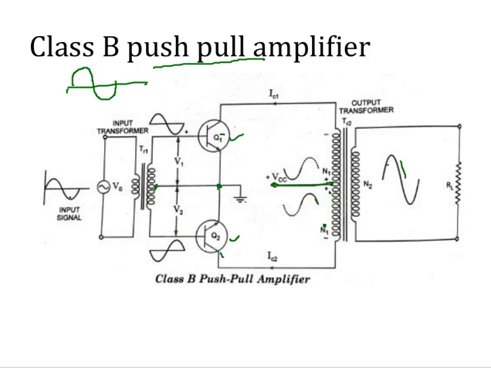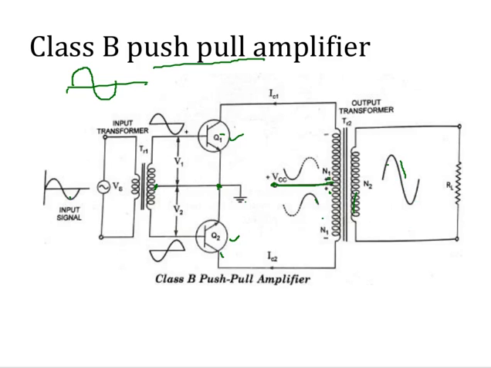The effect of the two cycles in separate halves of the primary of the output transformer is to produce magnetic flux in the core of this transformer TR2, which flows in one direction and then in the opposite direction. This flux links with the secondary of this transformer, and it generates the complete sine wave output which is passed to the load.